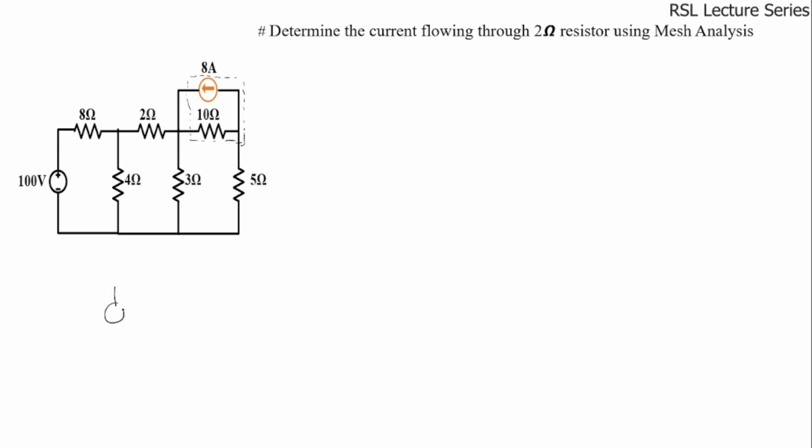Whenever a current source is connected in parallel with a resistor, it can be converted into its equivalent voltage source in series with the same value of resistor. Suppose I is the current value and R is the resistance, then the voltage source V is given by Ohm's law, I into R, connected in series with the same resistor R. The positive and negative terminals are connected depending upon the arrow direction.